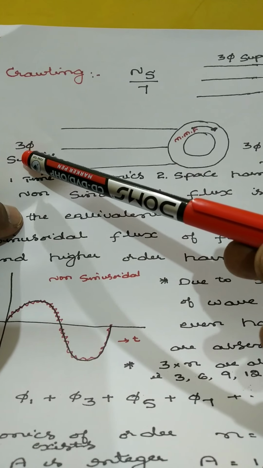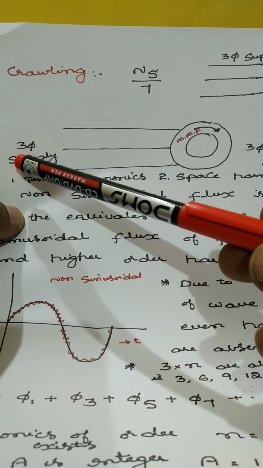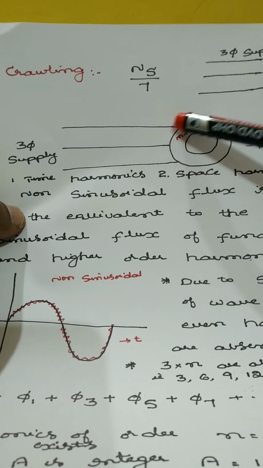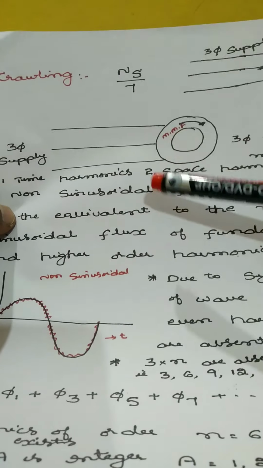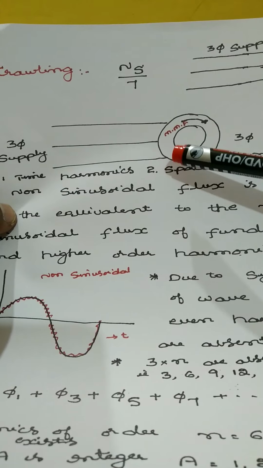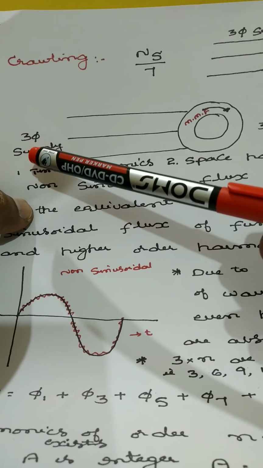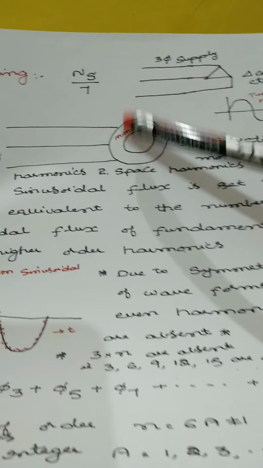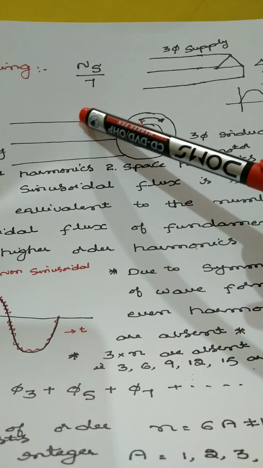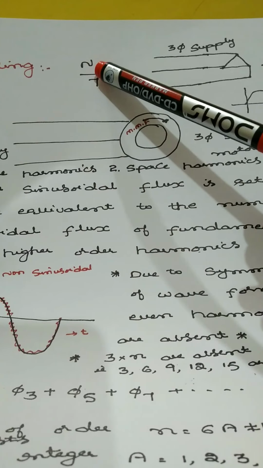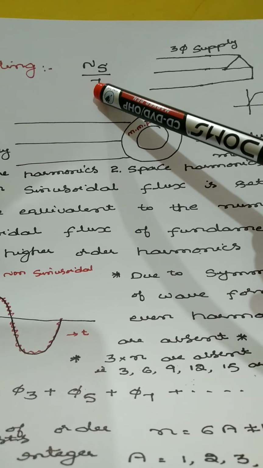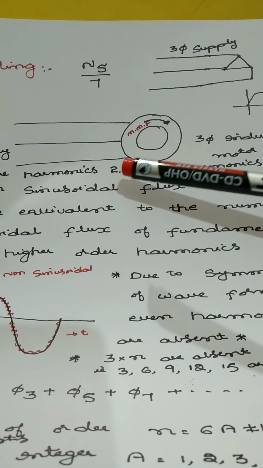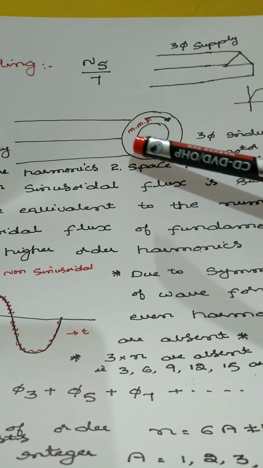Even if you give full voltage, the motor is unable to pick up its speed, and it will run with a speed of Ns by 7. Suppose Ns is 1500, then 1500 divided by 7 is the speed at which the motor will try to run. Such a phenomenon we call crawling.